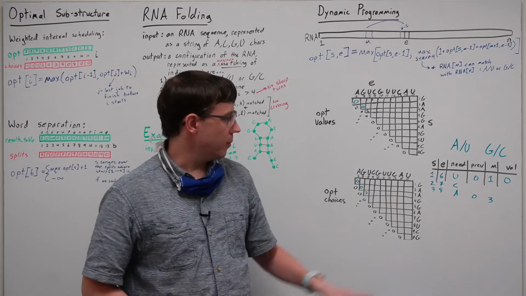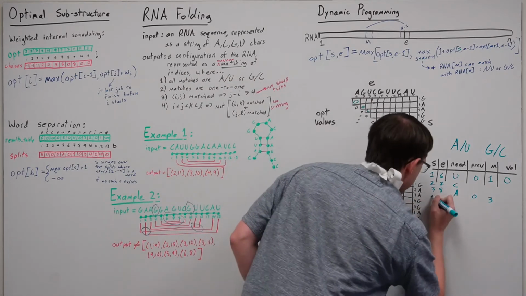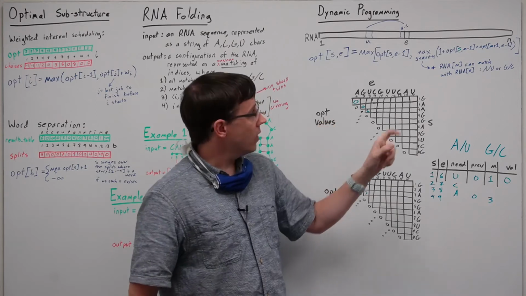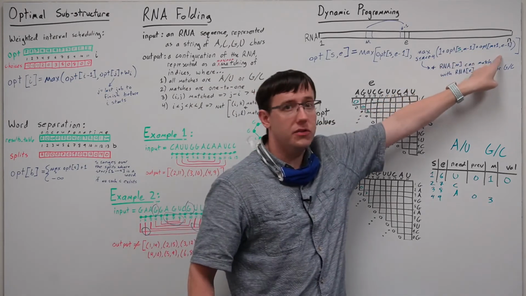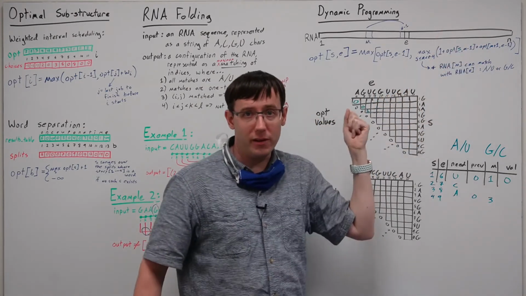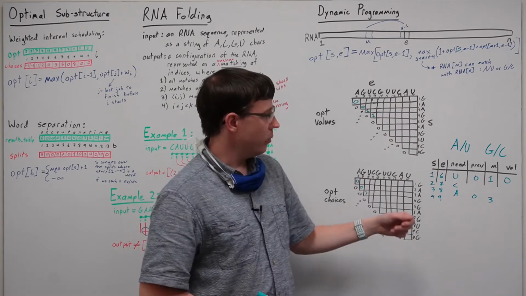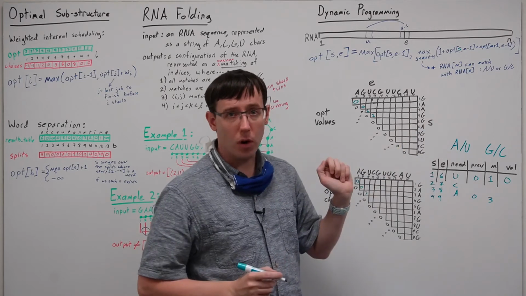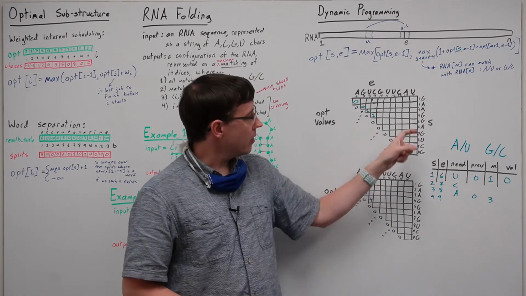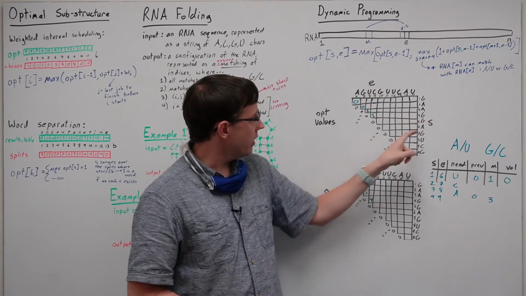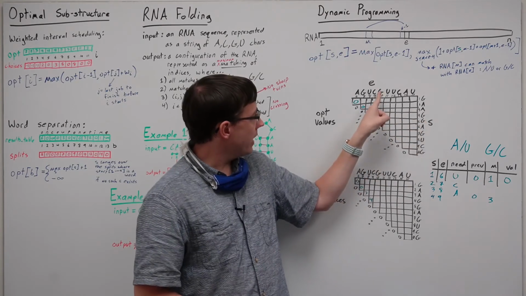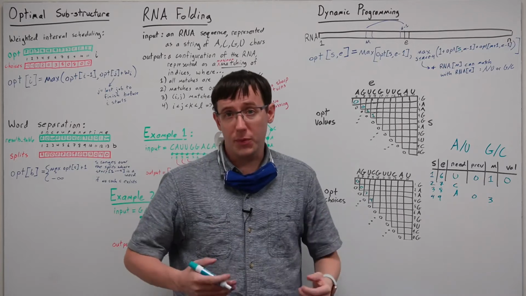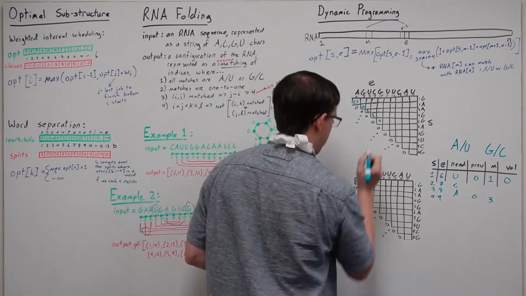Our next subproblem from 4 to 9 also has a match between G and C, and so we're again going to get 1 plus 0 plus 0 for an optimal value of 1, and we will record the M index, which in this case was 4. Our next pair from 5 to 10 has a G and a G, so that doesn't match, and we get an optimal value of 0.